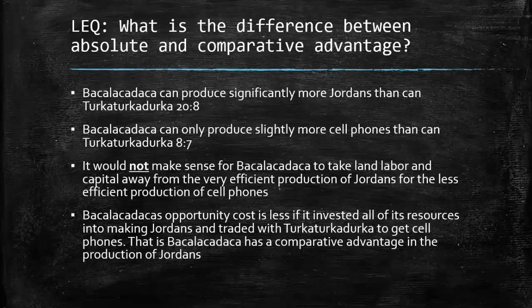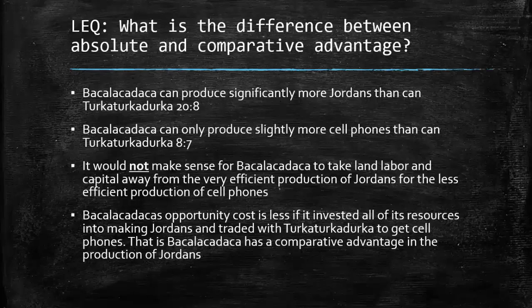So Bakalakadaka can produce significantly more Jordans than Turkadurka, with a ratio of 20 to 8. I did not reduce that just so the math is more clear. So Bakalakadaka can produce 20 million Jordans. Turkadurka can produce 8 million Jordans. Okay. To contrast, Bakalakadaka can only produce slightly more cell phones than can Turkadurka.